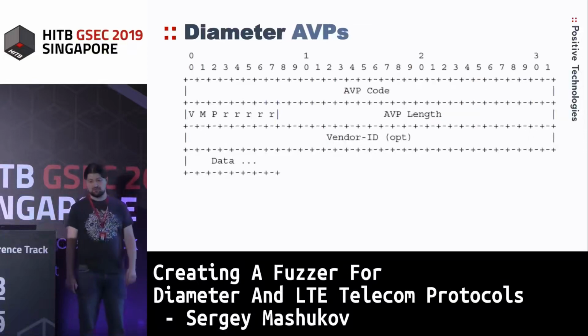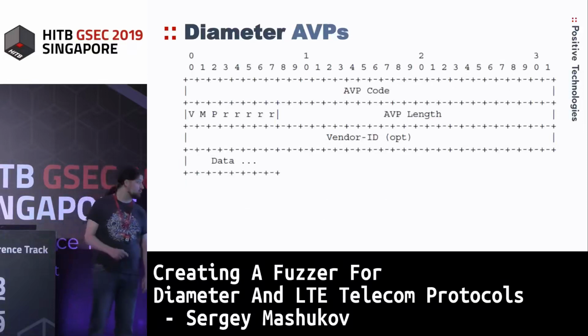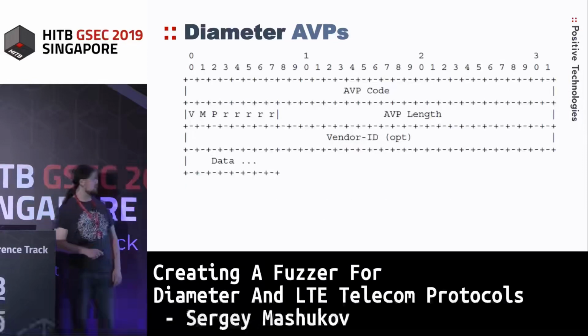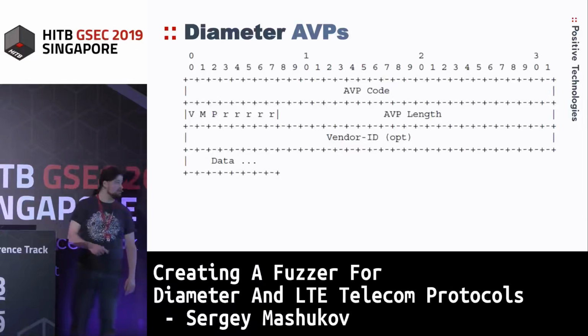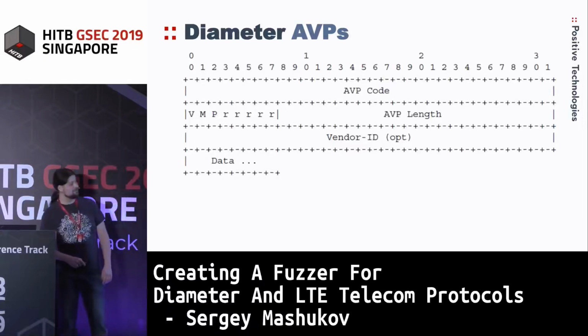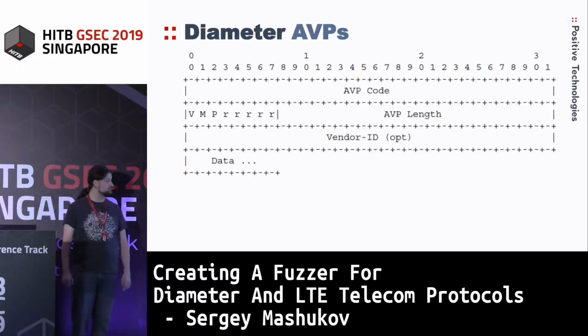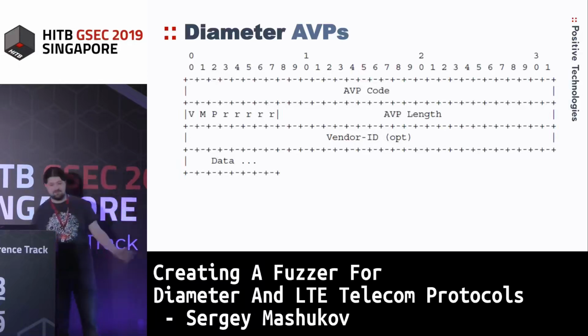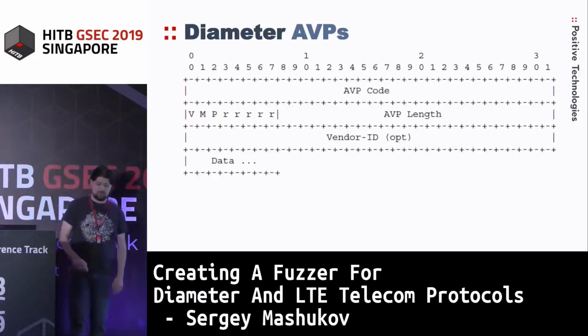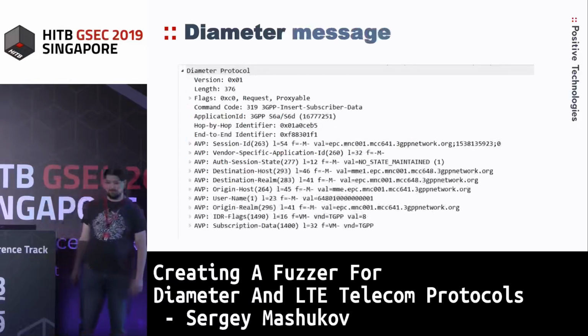And those have their own code, their flags, lengths, and notice this, the single optional field in headers, vendor ID. So if the V bit is set, this one should be there, and if it's not, it should not be. Then you have the data, many different kinds of data possible.